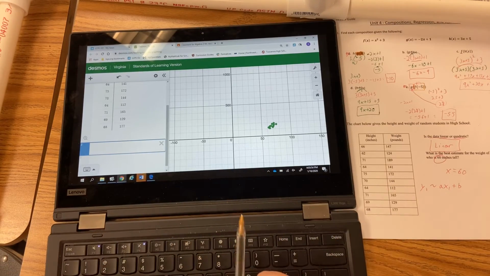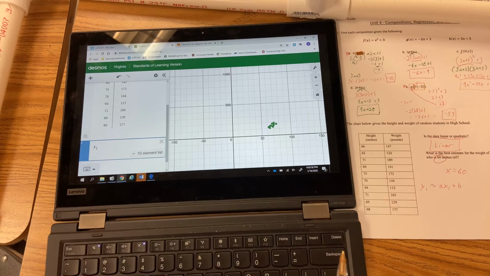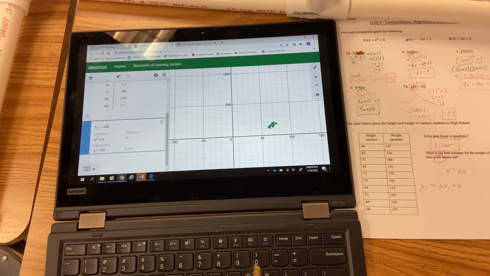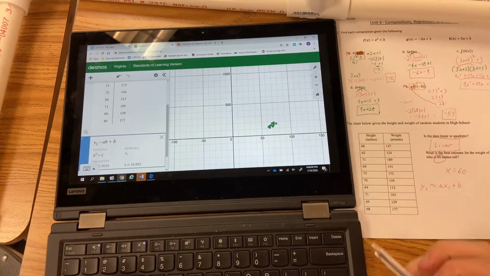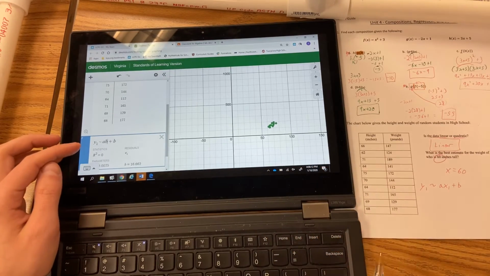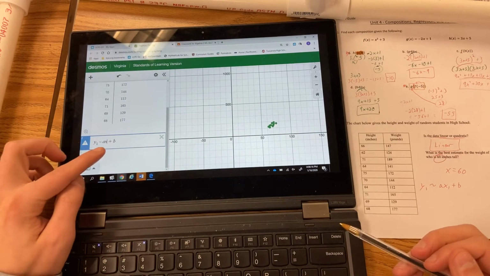So just to show you y1, all you have to do is press y1. It automatically will do that down thing. Shift over here will get you that tilde. And I'm going to show you one thing real quick. If I do ax plus b, notice that nothing shows up when I do this.